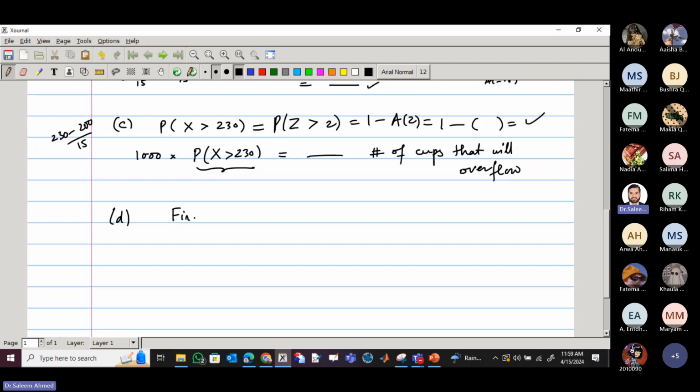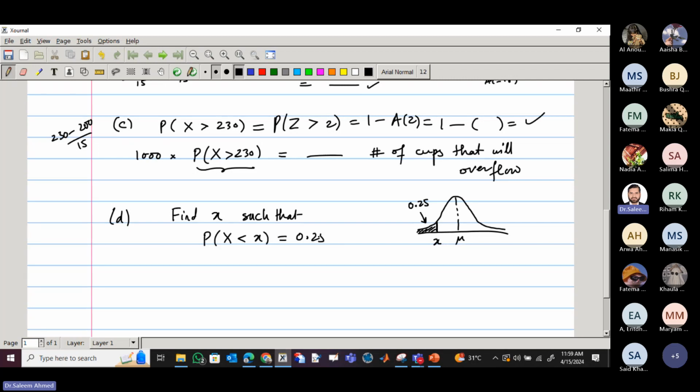They ask me to find X such that, the middle is your mu, below this point contains the 25%. 25% means 0.25, such that the probability of X less than this value is 0.25, right?